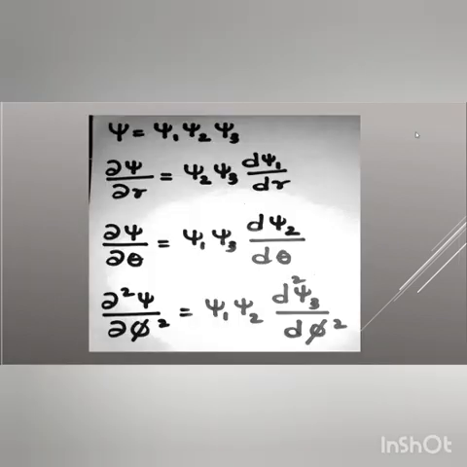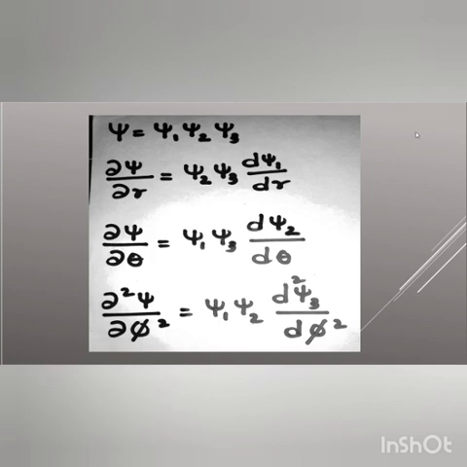In the next step, we partially differentiate psi with respect to r, theta and phi. We are doing this because we will substitute these values in equation number 3. When we partially differentiate psi with respect to r, we get del psi by partial r equals psi 2 psi 3 del psi 1 by del r.